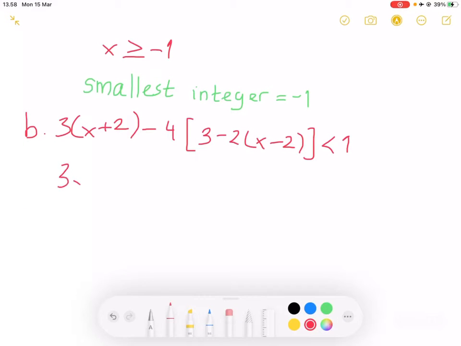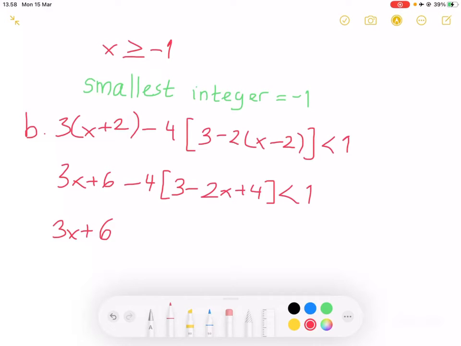So we have 3x plus 6 minus 4. We'll keep the larger brackets first and just simplify inside the big brackets. So we have negative 2x plus 4 is less than 1. And afterwards we can expand what is inside the big brackets. So it will be negative 12 plus 8x minus 16 is less than 1.